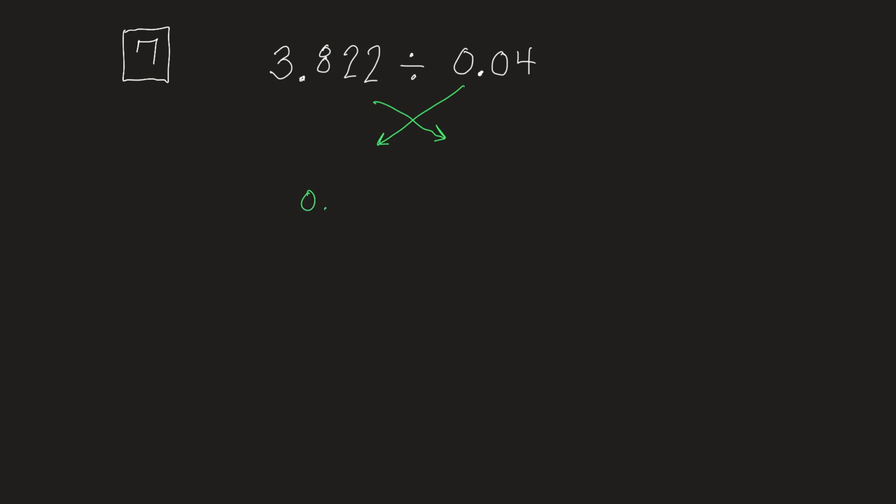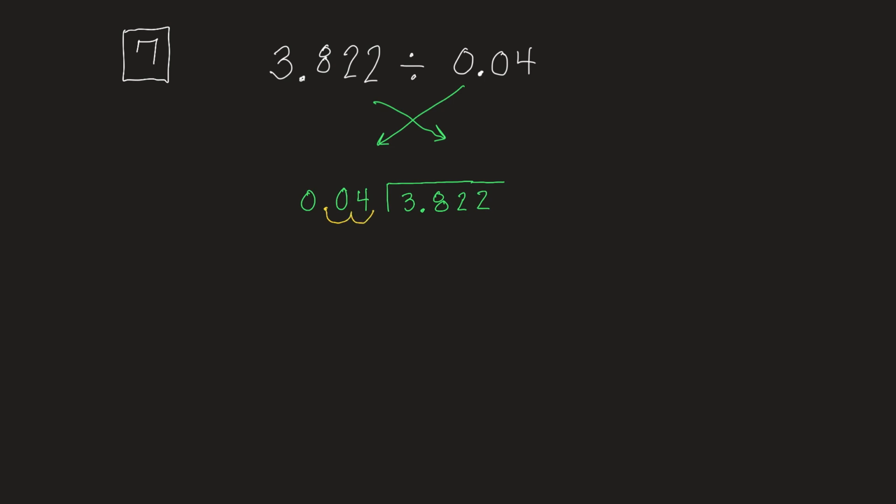So it's 0.04, that's 4 hundredths, by the way, divided into 3 and 822 thousandths. All right, so next step, realize that you can't divide with a divisor that has a decimal, so you have to move it to the end.